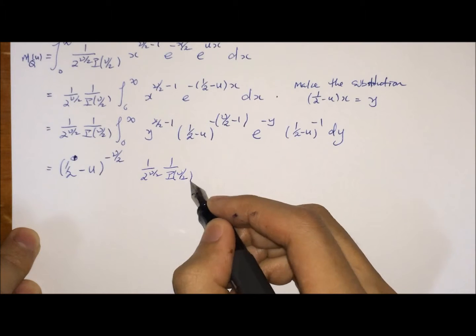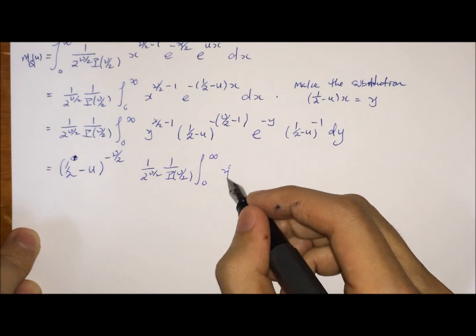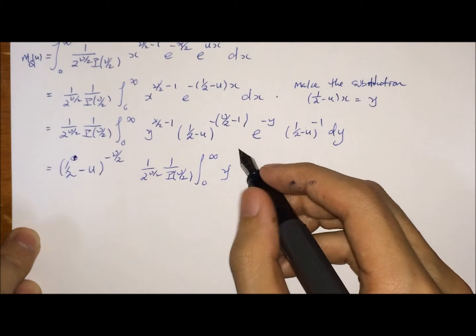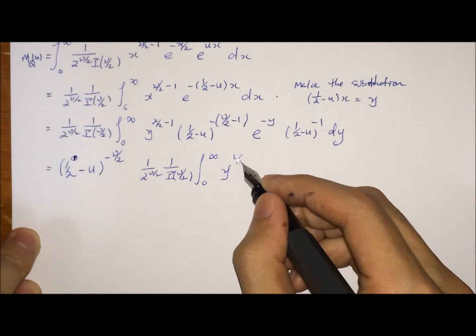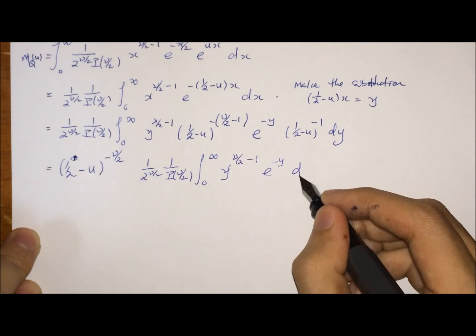Gamma nu on 2, integral 0 to infinity y to the nu on 2 minus 1 e to the minus y dy.